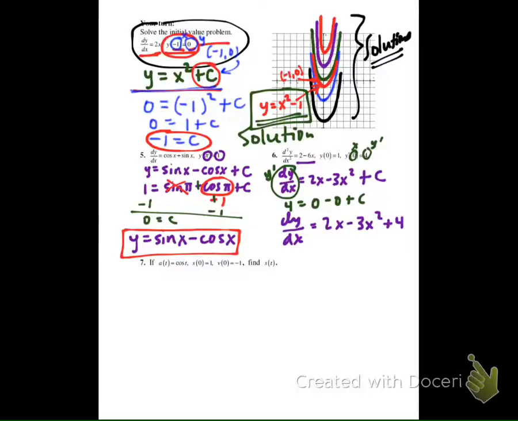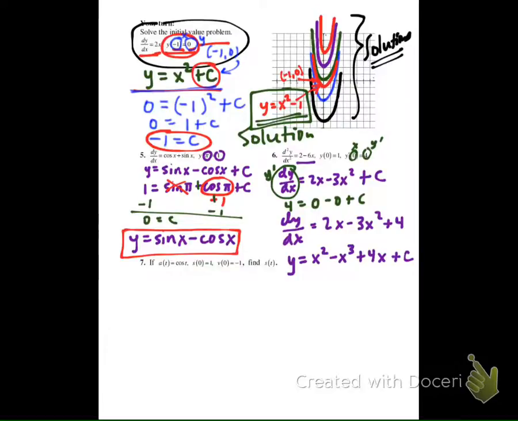Okay, and now we have our new differential equation, of which we now need to find an antiderivative. So y is equal to 2x squared over 2 is x squared minus 3x cubed over 3 would be x cubed. Okay, plus 4x, and then again plus c.